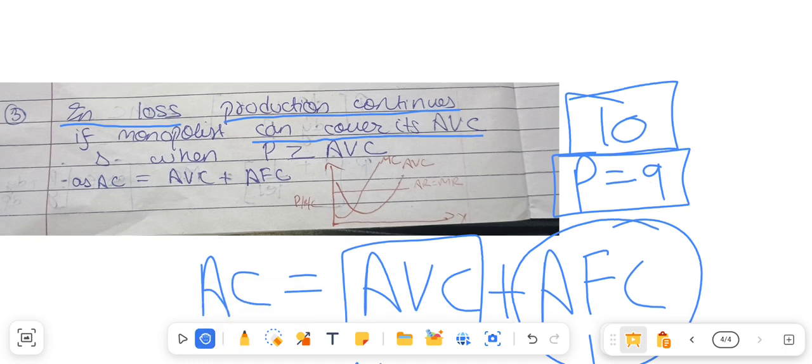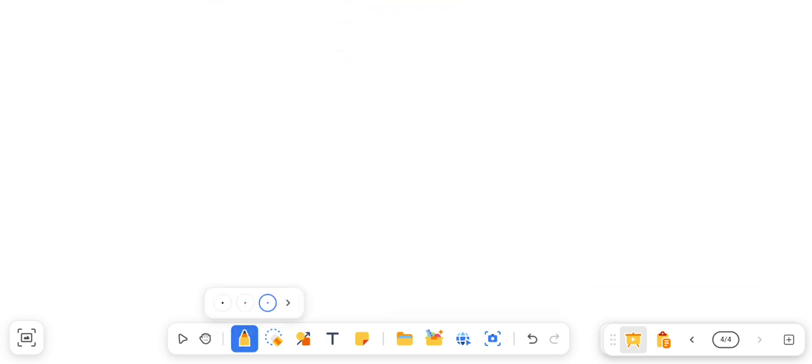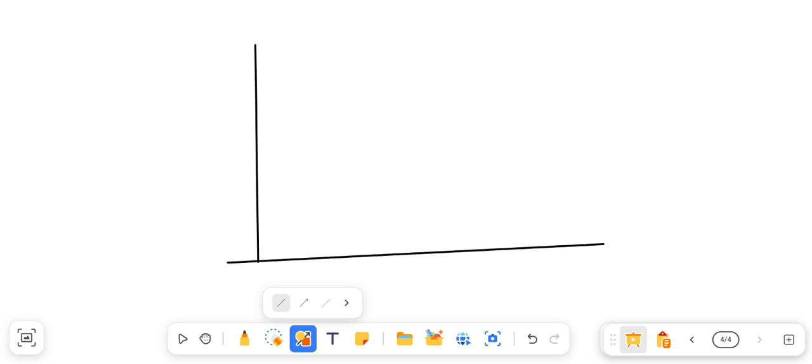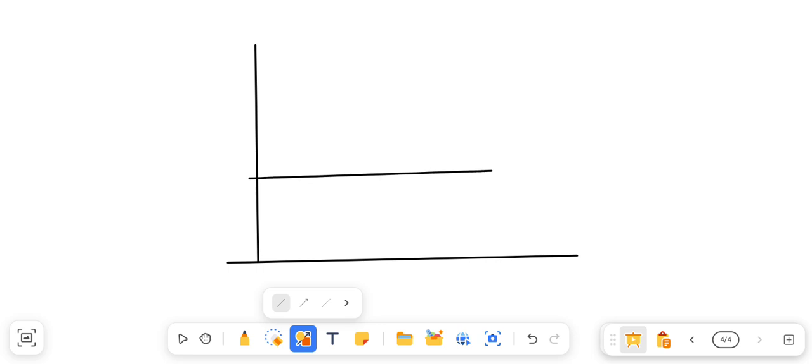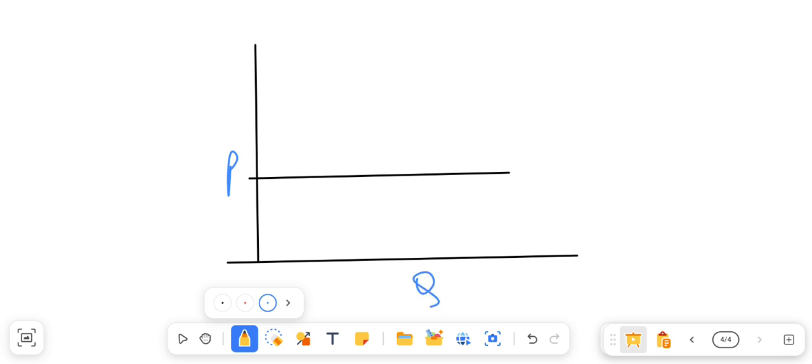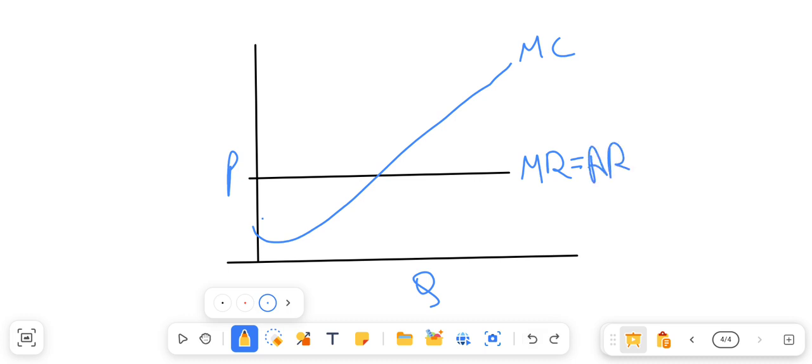Here we have a price line and this is the quantity. The price line can be related to MR equals AR.